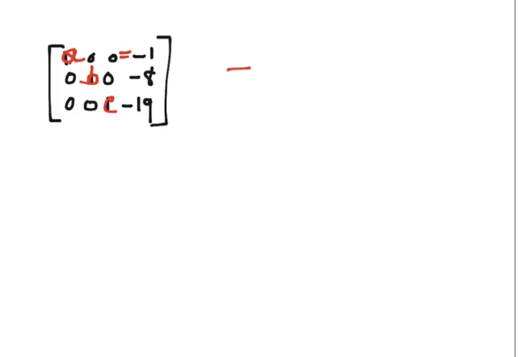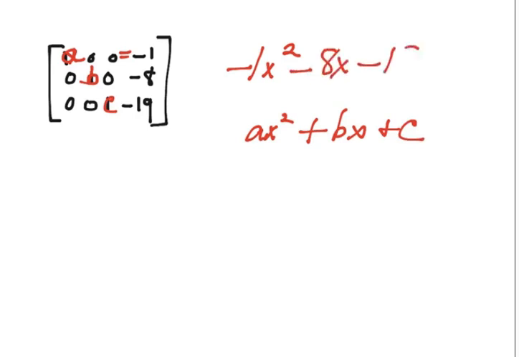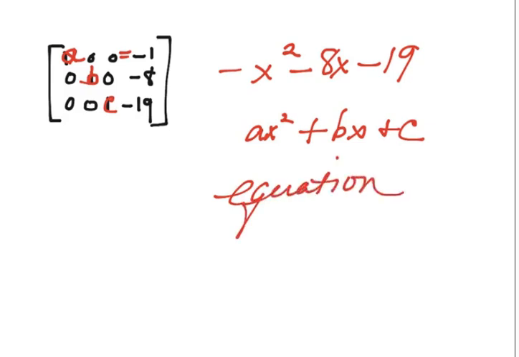So if I write that out, negative 1x squared, because remember it's ax squared plus bx plus c. So it's negative 1x squared minus 8x minus 19, and yes, I know y'all don't want to write the 1, and I'm okay with that, but I write them just because I like them. And that's our equation. We've done all this work to find our equation.